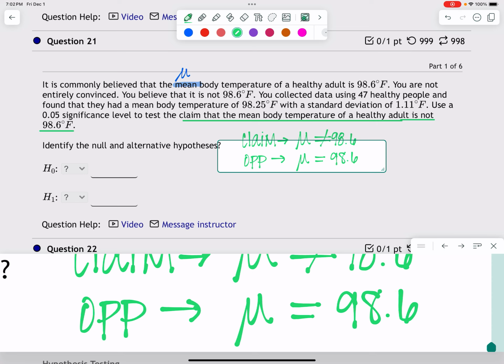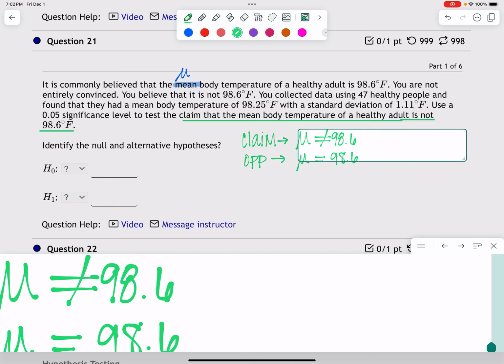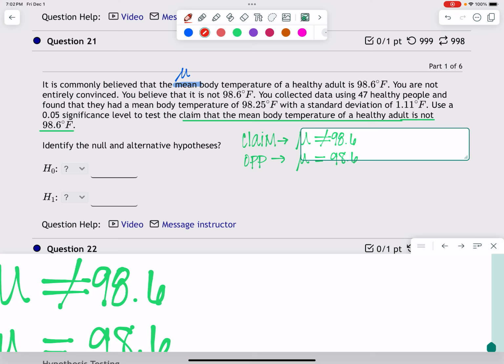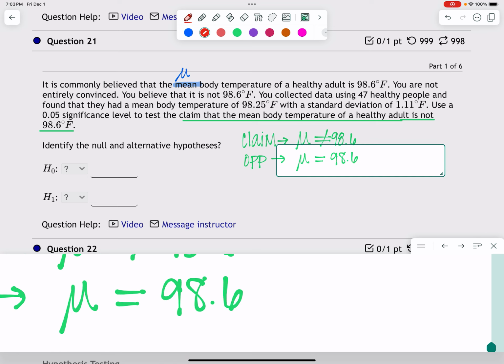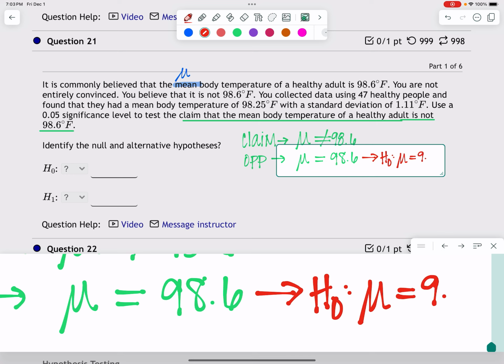Now we choose our H0 and our HA. Remember, H0 needs the equality part, so the opposite statement this time has the equality. So this is going to become our H0. H0 says that mu is equal to 98.6. That does not say 98.6.